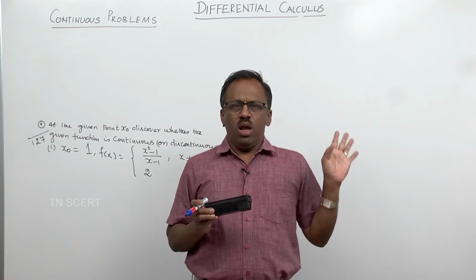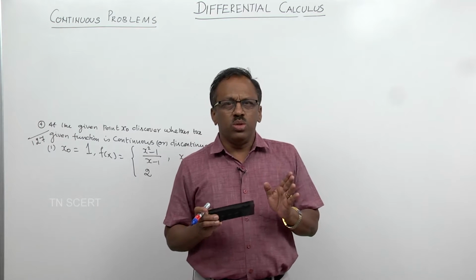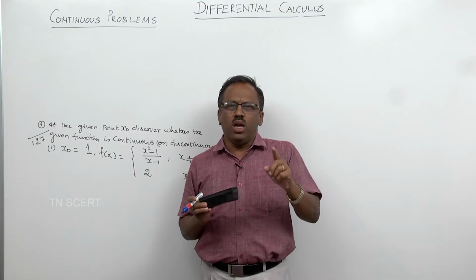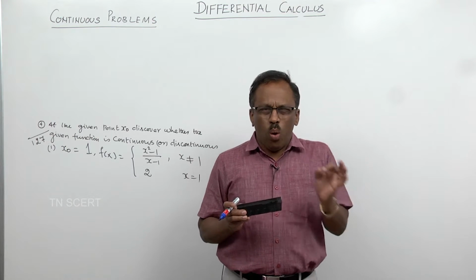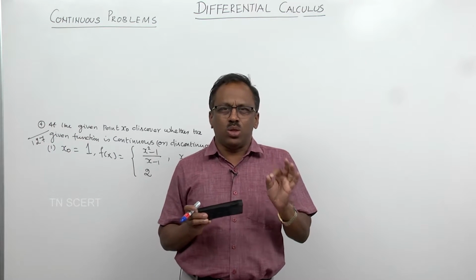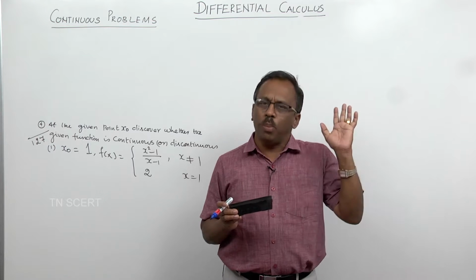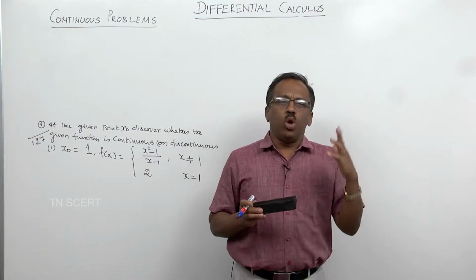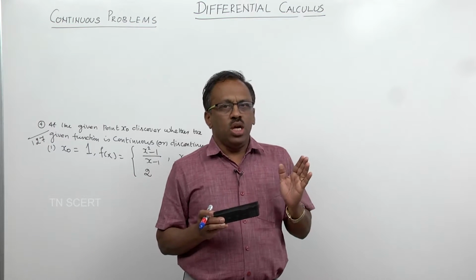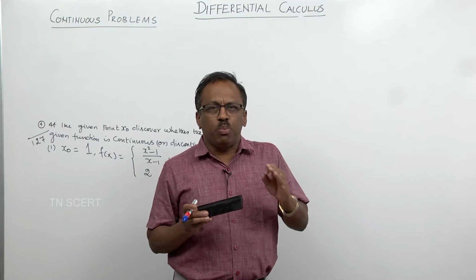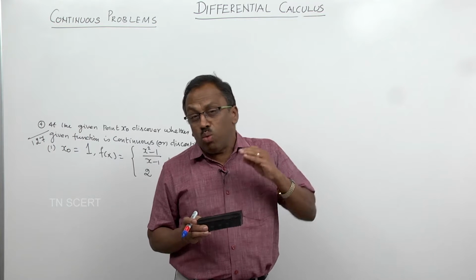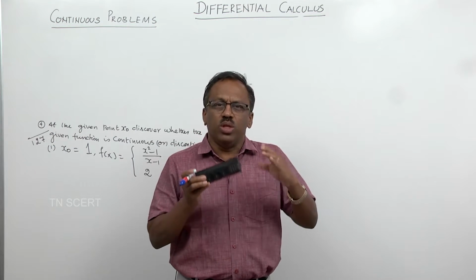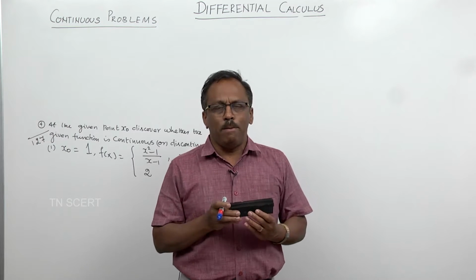If I say 1 and 2, then 1 less than or equal to x, less than or equal to 2, is a closed interval. 1 strictly less than x, less than 2, is an open interval. And the neighborhood point is nothing but x naught, which we will apply in future problems.